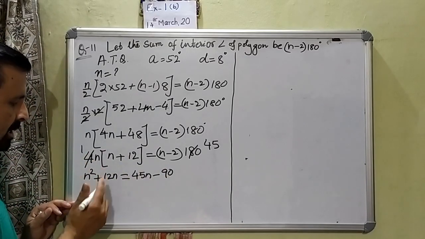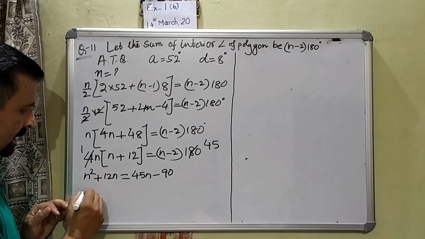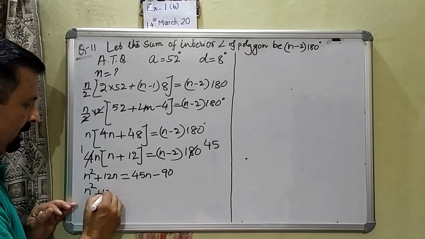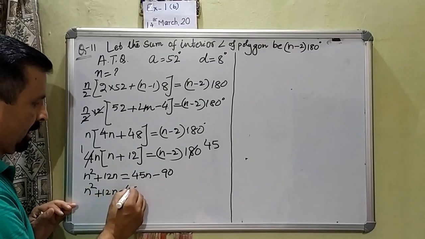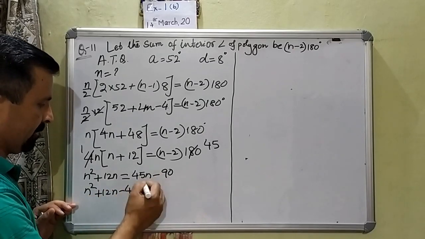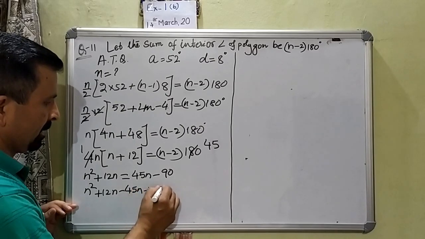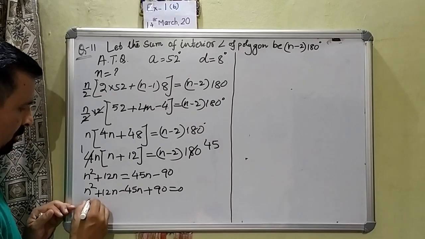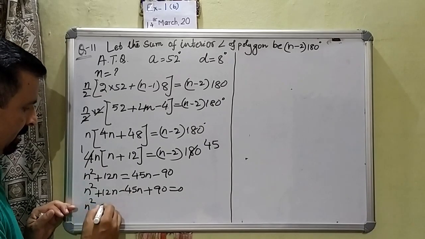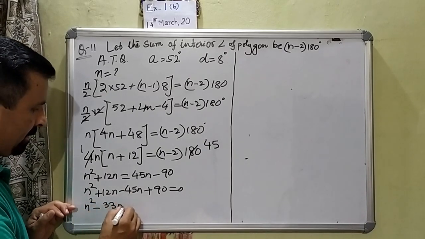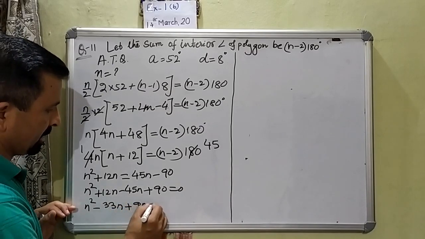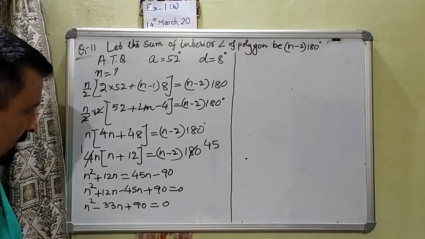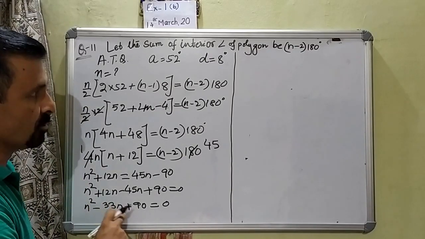This will give you a quadratic equation: n square plus 12n minus 45n, and then 90 will become positive, plus 90 is equal to 0. We can simplify this. This is n square minus 33n plus 90 equal to 0. Finally, we got a quadratic equation.